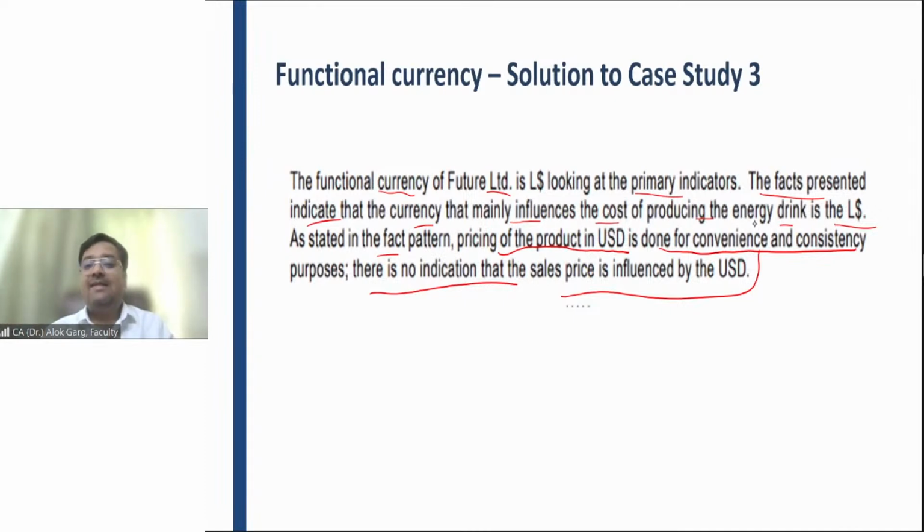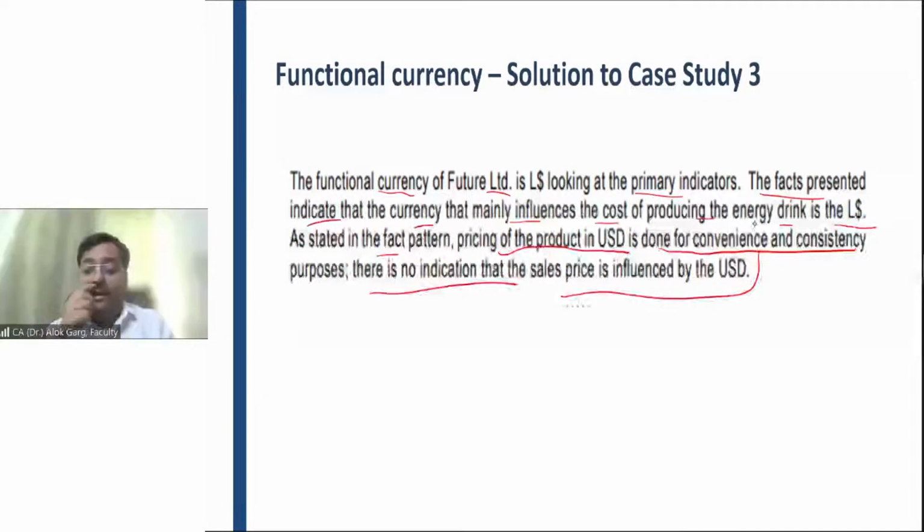Whether it is given in the question that the entire sale is in the US market. If the entire sale is in the US market, in that case you have to consider that the US dollar is the currency going by the first primary indicator.